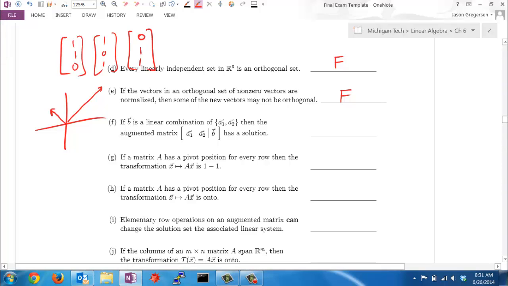If B is a linear combination of these two vectors, then the augmented matrix has a solution. That one is true. Remember, this augmented matrix is just the same as this matrix equation.